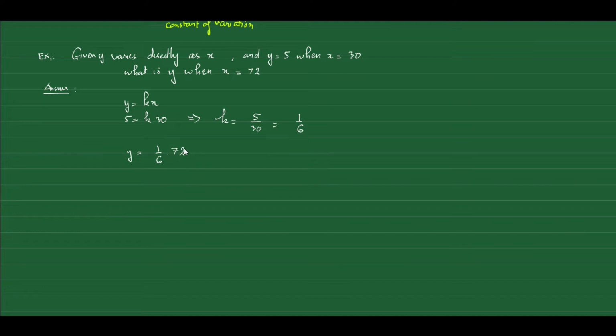Then your y here will be 72 divided by 6, which will be 12. That's the final answer. So in order to solve this problem, you see that we need to find the constant of variation. Constant of variation is very important. Without the constant of variation, we cannot find the y value, right?